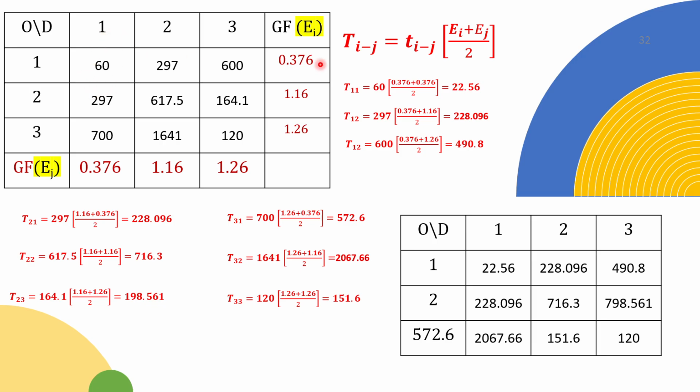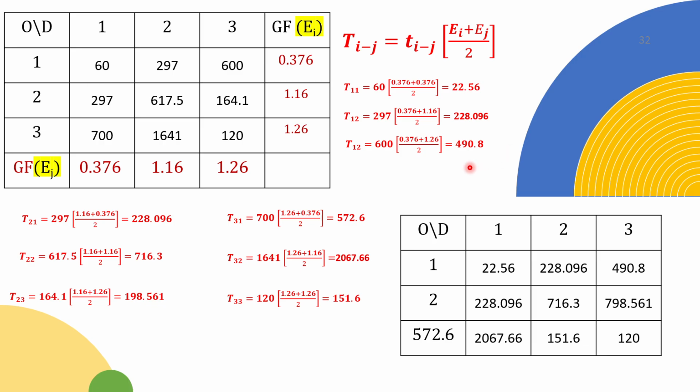procedure. 60 into (0.376 plus 0.376) by 2, which is 22.56. 297 becomes 297 into (0.376 plus 1.16) by 2, which is 228.096, and 600 into (0.7376 plus 1.26) by 2, which is 490.8, and so on.